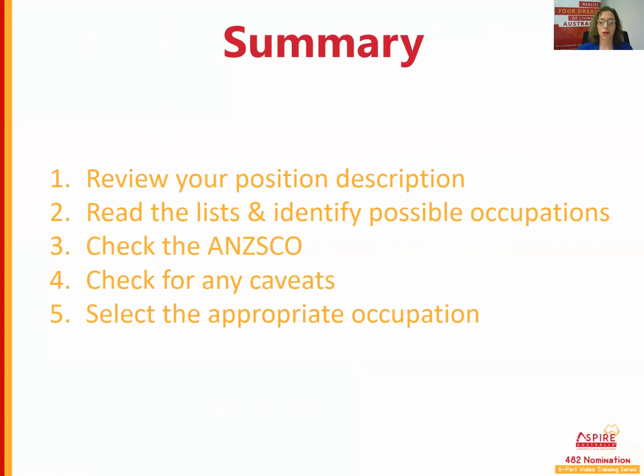Check the ANZSCO dictionary online to read the tasks and see if they align with your position. If they do, go back to the list and check if any caveats apply. Does your business meet the requirements of those caveats, or does your position meet those requirements? Then, having narrowed it down, you have now identified the relevant occupation.